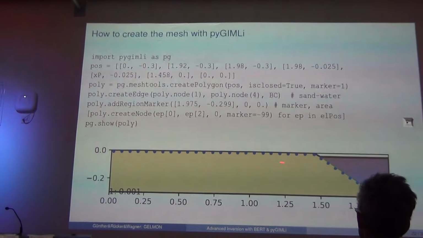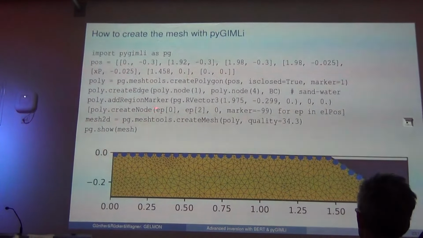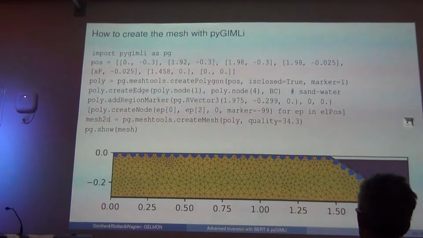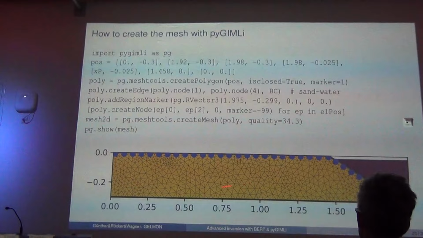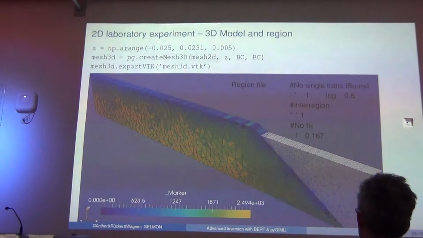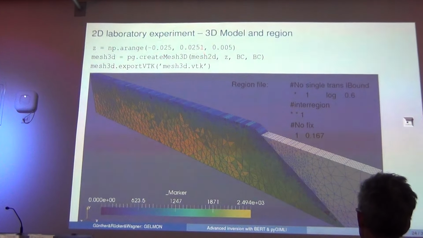And basically this geometrical primitive, which is not a mesh yet, you put into the mesh generator, which is just called create mesh. You use some quality and refinement criteria, and so on. And then you end up with the mesh. It's a 2D mesh. But actually your subsurface is 3D. So we go to 3D. We just take this 2D mesh and make a 3D mesh by using an extrusion vector.